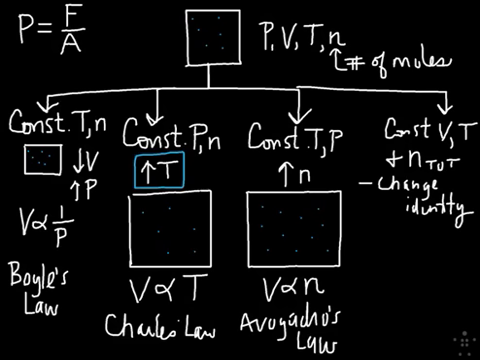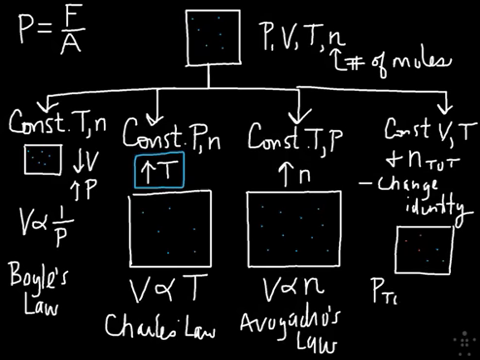So we're starting with our original container again. We're not changing anything about it except that we're replacing some of our molecules with different ones. So let's say we now have a mixture of two different gases in there. And what this observation was, is that it doesn't change anything.